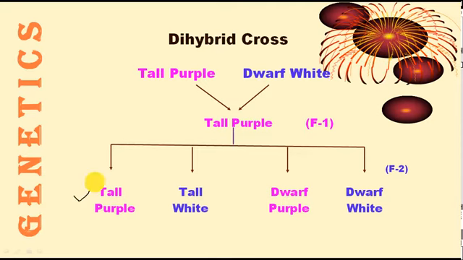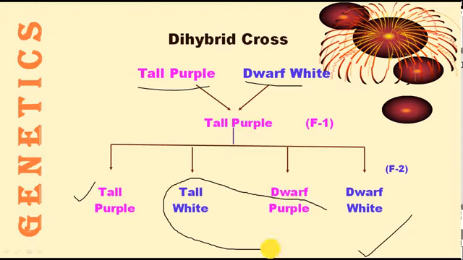The first one is tall and purple, similar to one parent. The last one is dwarf and white, similar to another parent, and these two are different from the parents. That is, tallness has mixed with white color and purple color has mixed with the dwarf character. So these two are called recombinants.